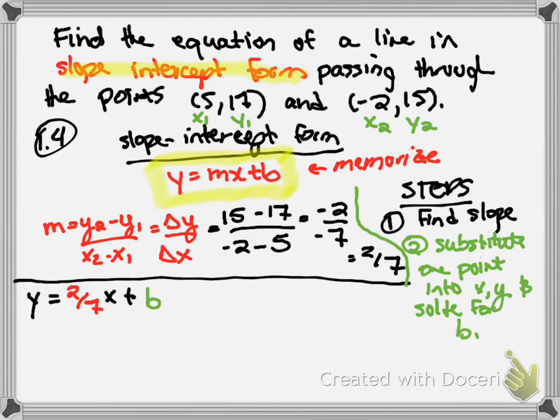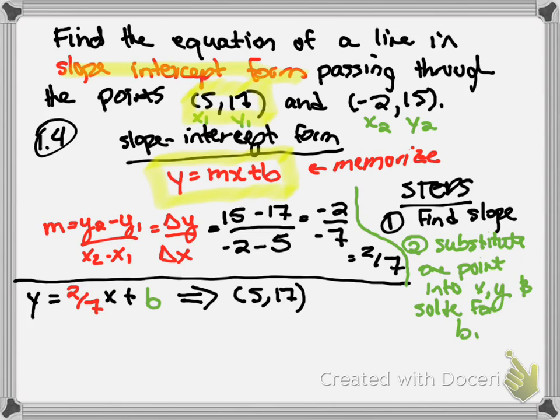It really doesn't matter whether you use the point (5, 17) or the point (-2, 15). Usually I just pick the smaller numbers. Both ordered pairs look about the same to me, so I'm just going to use the first ordered pair, the point (5, 17).